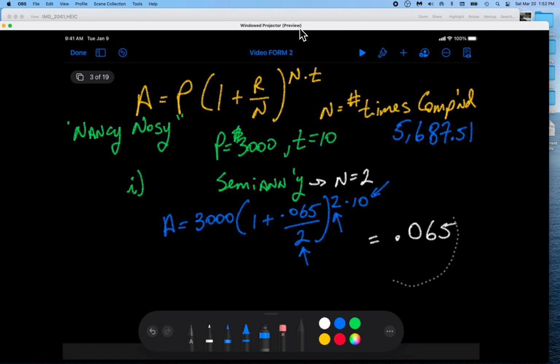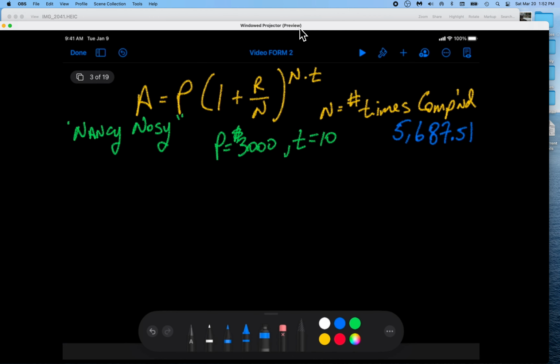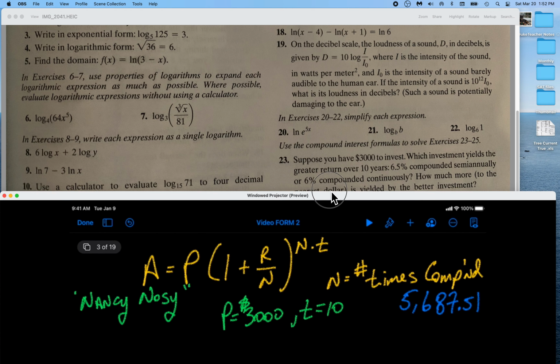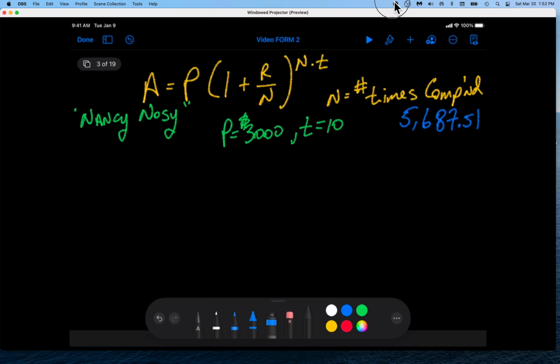Okay, let's now move to part 2. And what do we see? Or 6% compounded continuously. Whenever you see these words, compounded continuously, E is going to be involved.